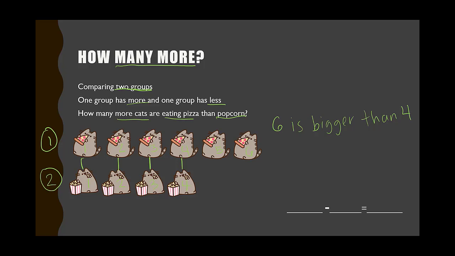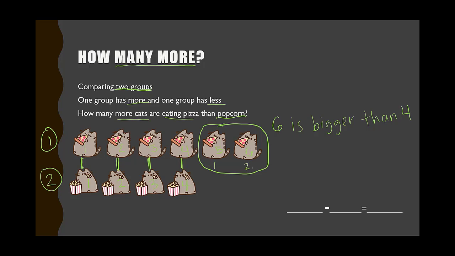And what we're going to do first, we already did, was pair up our cats eating pizza and our cats eating popcorn. But then we have some cats left over. And those are the ones right here that are eating pizza. They don't have a pair to eat popcorn with. So the ones that are left over tell me how many more. So let's count and see how many more are left over.